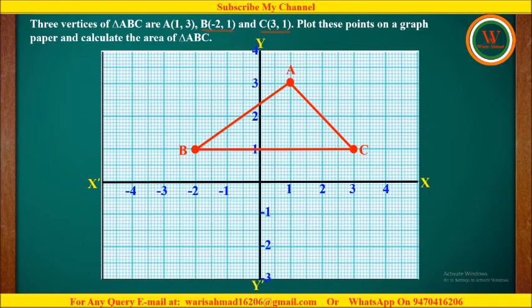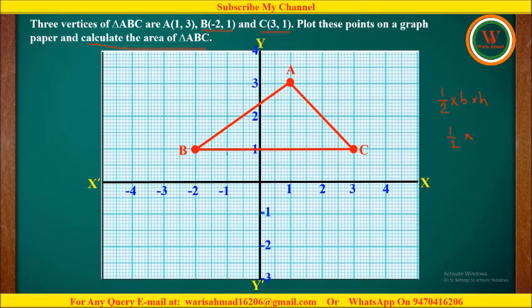After drawing this triangle, we have to calculate the area of this triangle. As we know, to find the area of a triangle, we can use the formula: area of triangle equals 1 upon 2 multiplied by base multiplied by corresponding height. So 1 upon 2 will be as it is, multiplied by base.